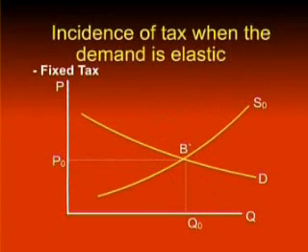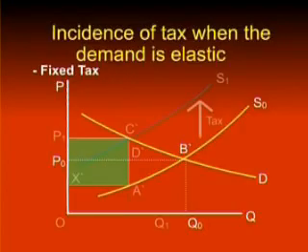Now let's take the example of an elastic demand curve. That is, in case the demand curve is not very steep, it's downward sloping and pretty close to being horizontal. What is the implication of the tax now? The original tax revenue, as you know, was P0BQ0O. The new tax revenues in this case, denoted by TR1 prime, would be equal to P1'C'Q1'O.